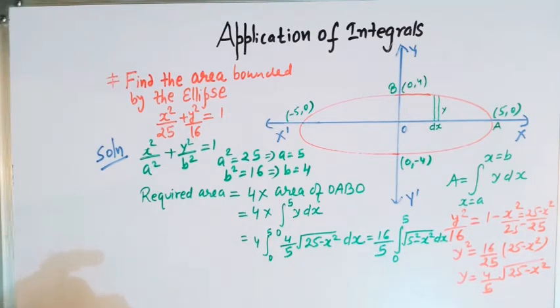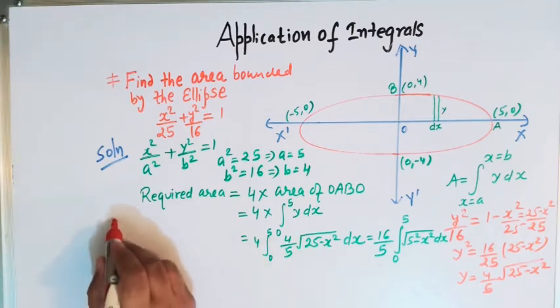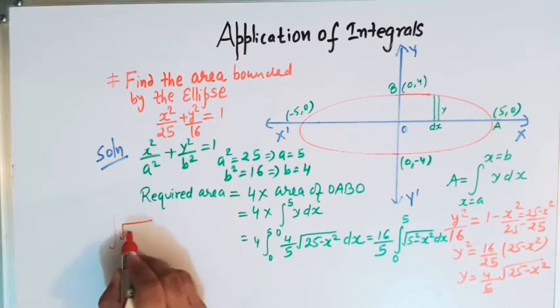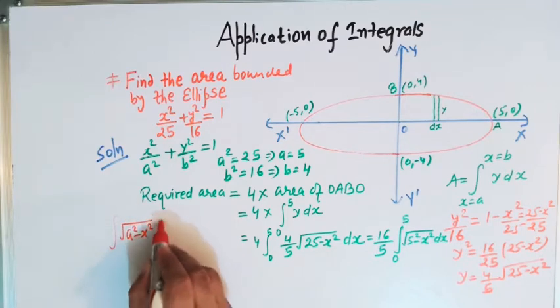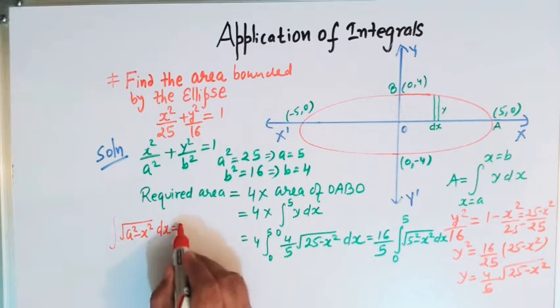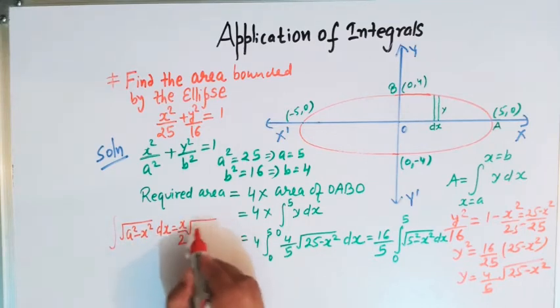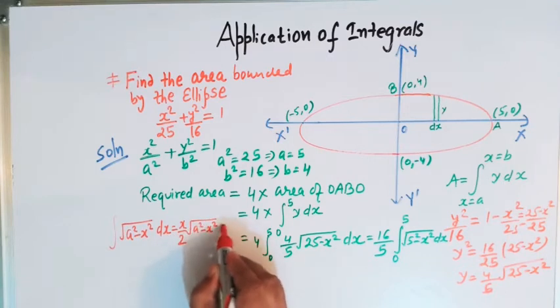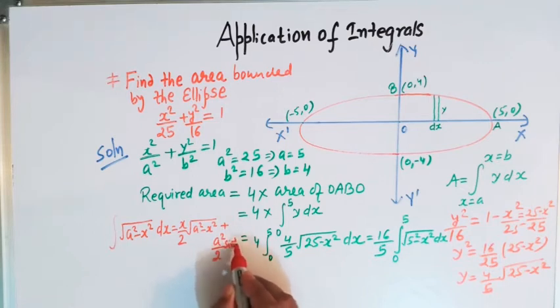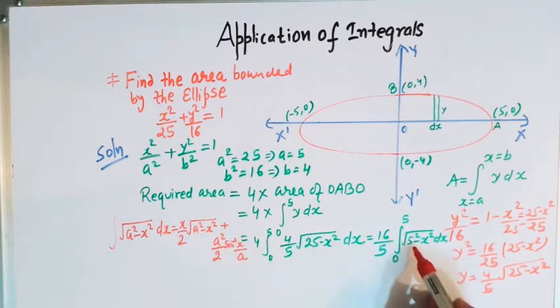Now here we will make use of an important integral, that is the integral of square root of a square minus x square, and this integral is x by 2 square root of a square minus x square plus a square by 2 sine inverse x by a, right? So here we will make use of this integral. So here this is a square and this is x square, right?